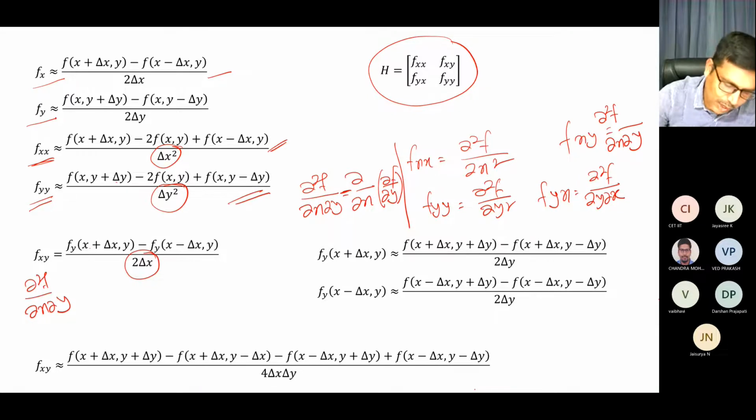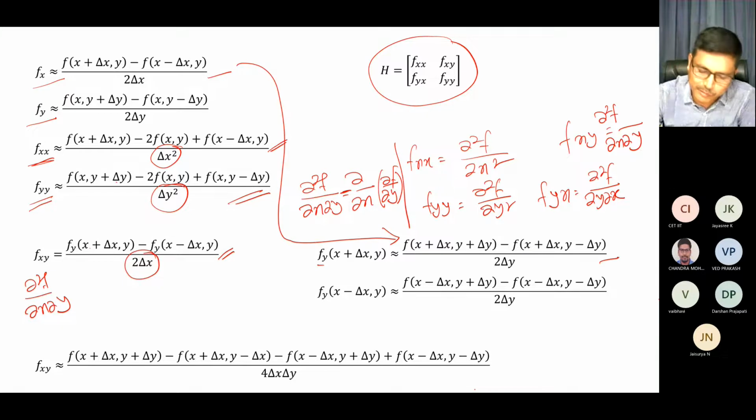So that way you are taking the first derivative, and then I take the derivative of the first derivative at x plus delta x and y. So this is this equation, and this equation is coming from here, from the first derivative. Finally I'm getting f of x plus delta x, y plus delta y minus f of x plus delta x and y minus delta y divided by twice delta y.